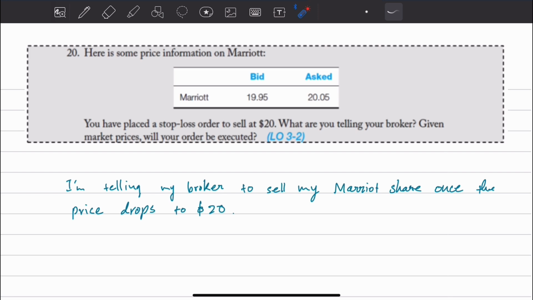So instead of a stop loss order, it becomes a market sell order. So as I said, since the highest bid is $19.95 and the lowest ask price is 20 and 5 cents, that means that the market price is most likely $20. So once the price hit this point, automatically the broker will transform my order into a market sell order. So it most likely will try to sell for 20. It will not be able to, but it will eventually sell for $19.95.